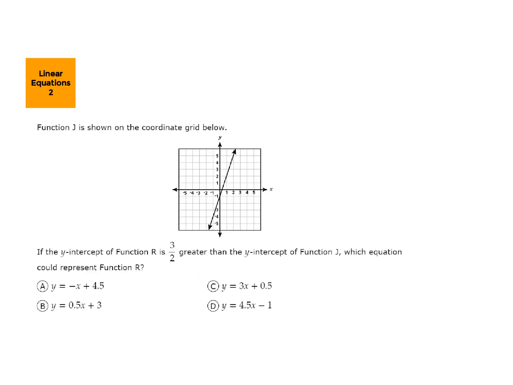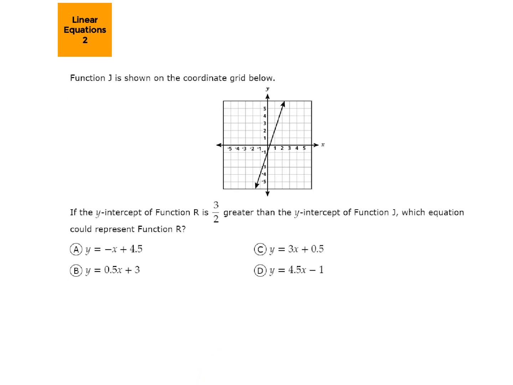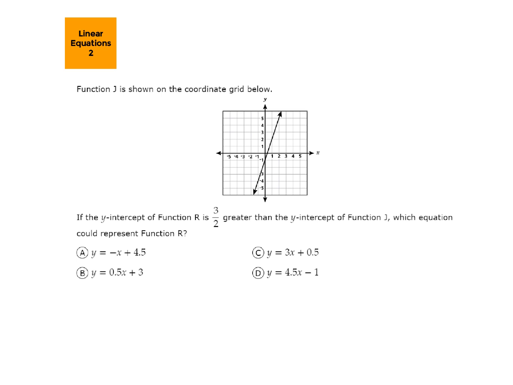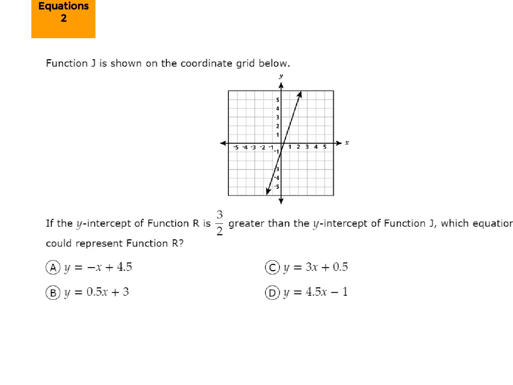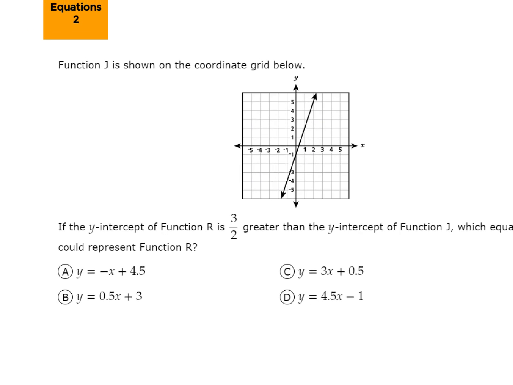So our next one, function j, is shown on the coordinate grid below. If the y-intercept of r is 3/2 greater than the y-intercept of j, which equation could represent r? So we've actually seen this question before. Let's take a look. So the y-intercept is 3/2 greater. Well, let's find the y-intercept of this one. The y-intercept of this one is -1.